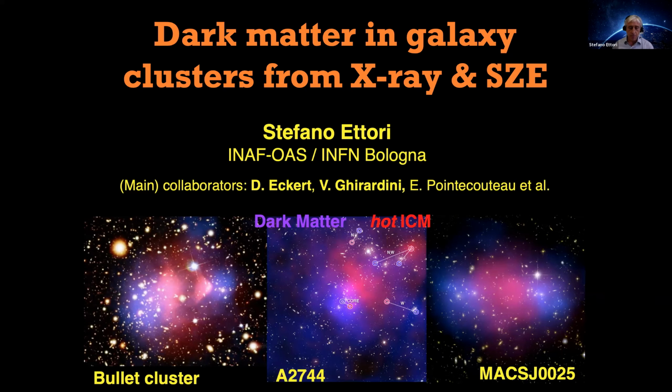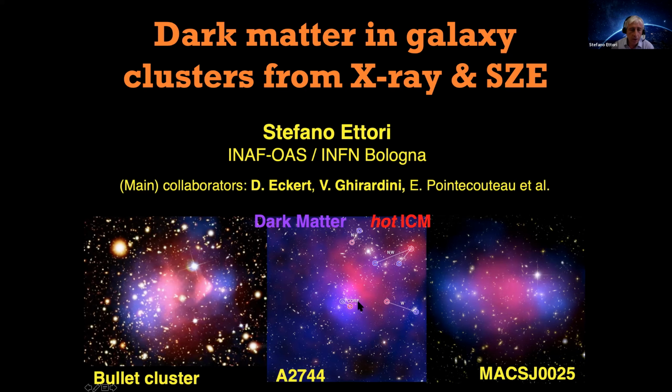They have also been used recently to probe the level of the collisionless nature of dark matter, as shown in these three examples, starting from a very famous bullet cluster up to several objects that were found more recently, in which the dark matter recovered from the gravitational lensing signal originated from the background galaxies is represented in purple, and the hot gas, the one resolved by X-ray emission, is in red.